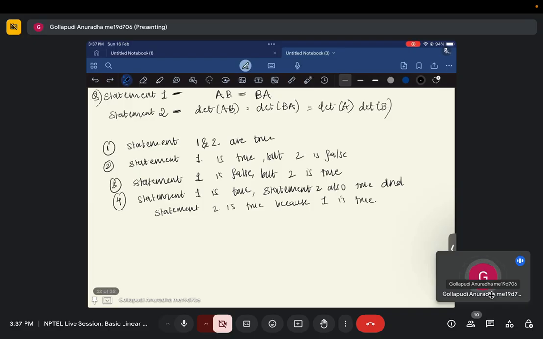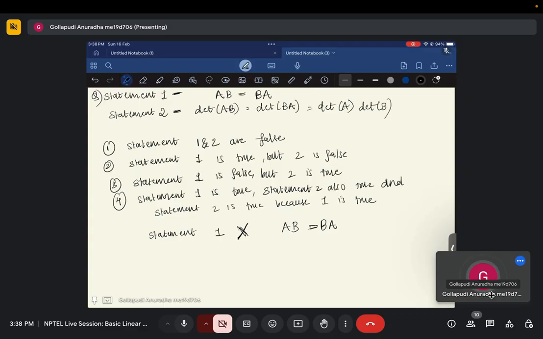Okay, is statement 1 true? No, ma'am. Okay, I made a small change to the option: both are false. Statement 1 is not true, right? Multiplication is not commutative. We saw this last time also.